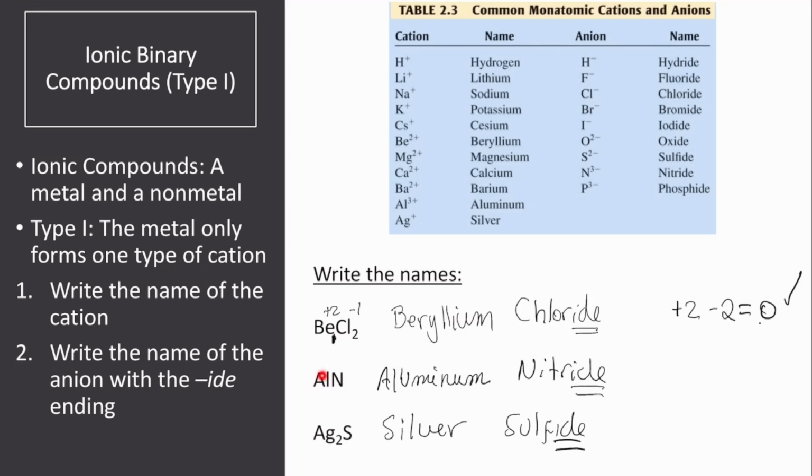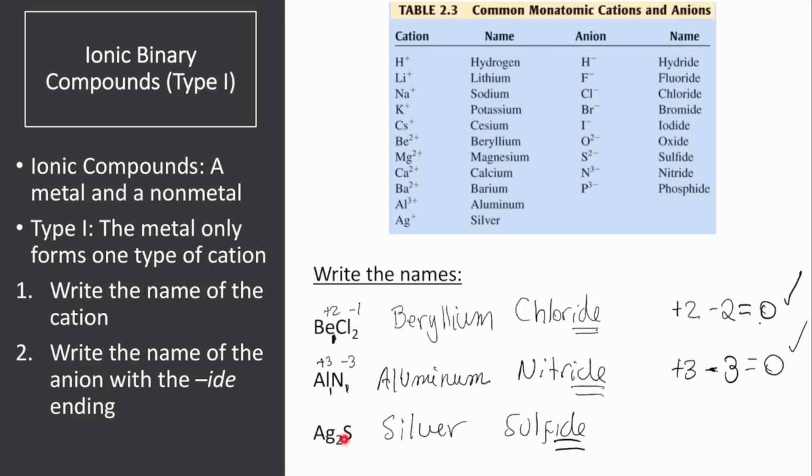The next one is aluminum and nitrogen. Aluminum has a +3 charge, and nitrogen has a -3 charge. The ones here are implicit, so we multiply the 1 in the aluminum times the +3, and we get +3, and then the 1 in the nitrogen times the -3, and we get -3, and that gives us 0, another neutral compound.